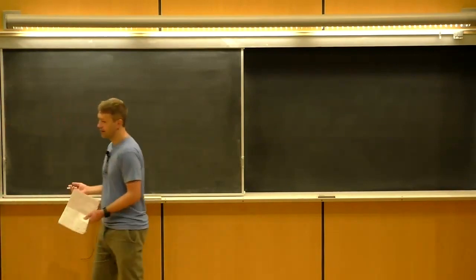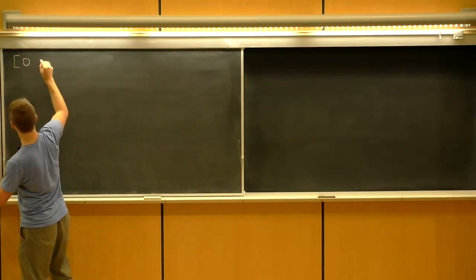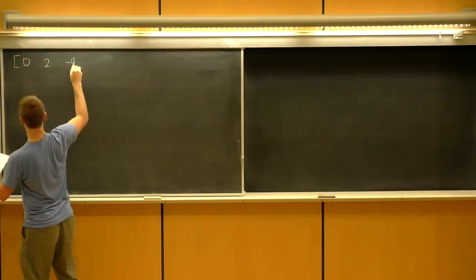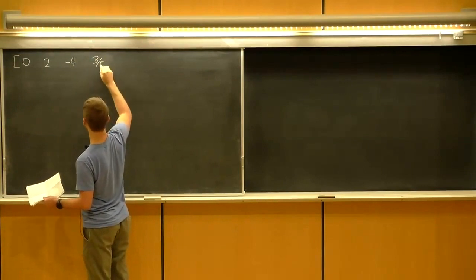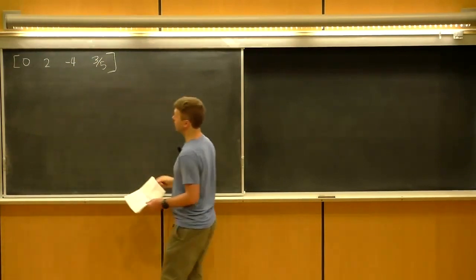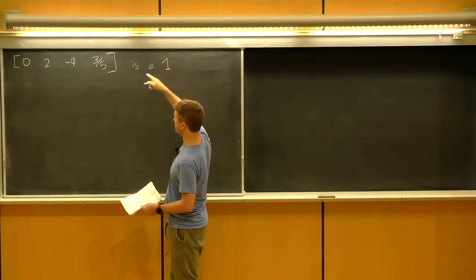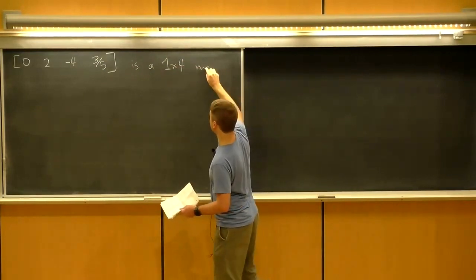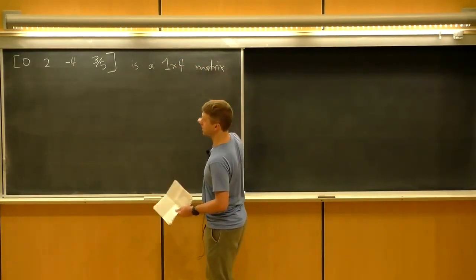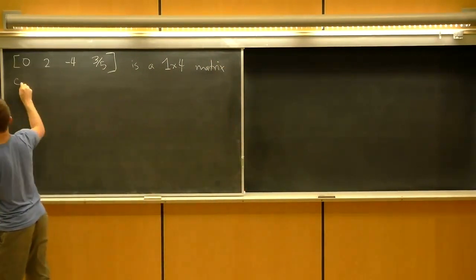Similarly, if I have a matrix like 0, 2, -4, 3 over 5, this is a matrix with 1 row and 4 columns, so a 1 by 4 matrix, and we call this a row matrix because it only has 1 row.